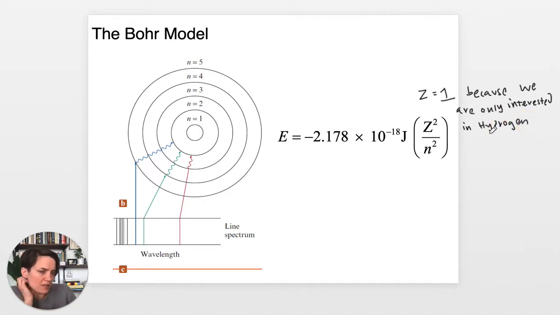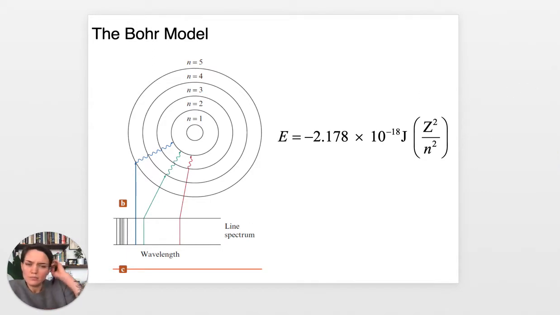And that's just specific to this equation. It gets much more complicated when you have more electrons, when you have more orbits that you're working with. So we're going to keep it pretty simple and just use this classic equation for hydrogen.